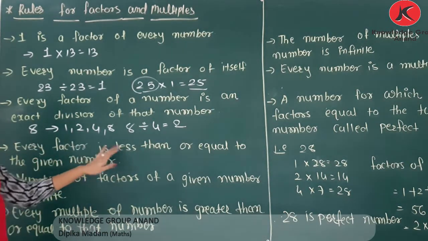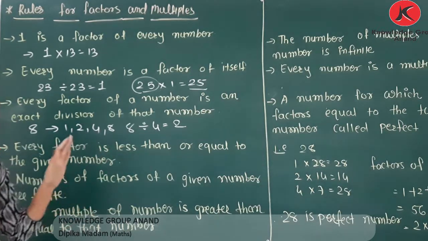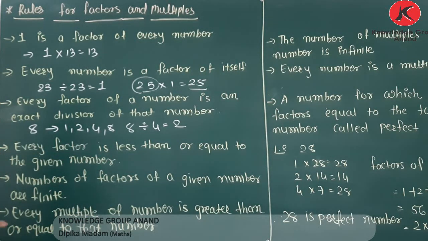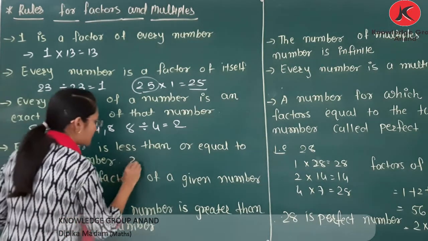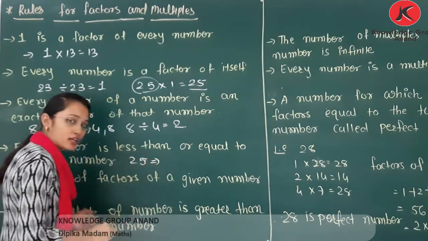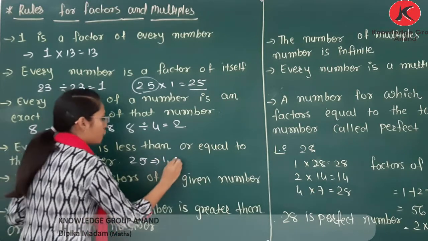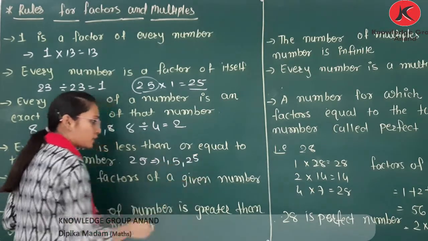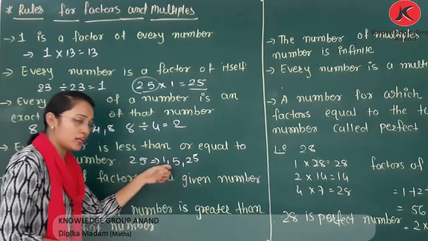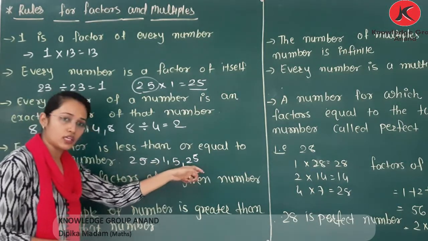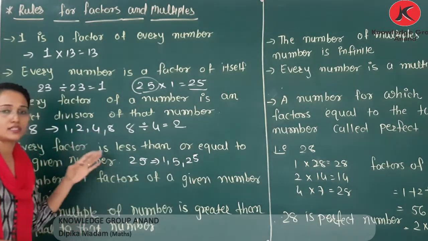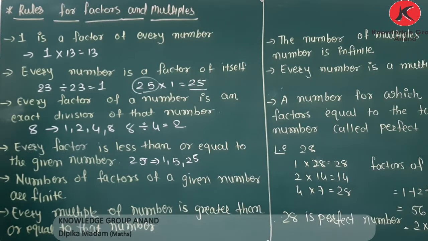Every factor of a number will be less than or equal to that number. Now you can take one more example, 25. So factors of 25 are 1, 5 and 25. So 1 and 5 are less than 25 and 25 is equal to 25. So every factor is less than or equal to the given number.